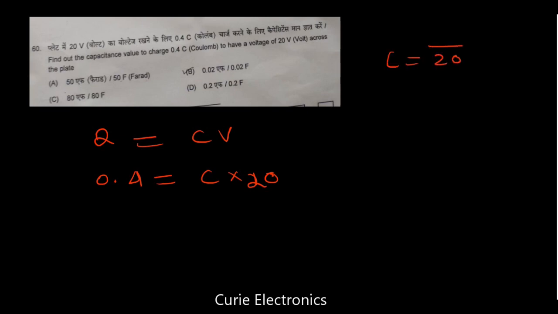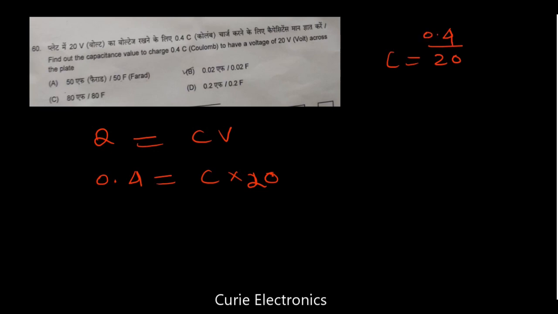Find the capacitance value to charge 0.4 coulomb to have a voltage of 20 volt across the plate. We can write Q equals CV. Charge is 0.4 coulomb, C we have to find, and voltage is 20 volt. So C equals 0.4 upon 20.